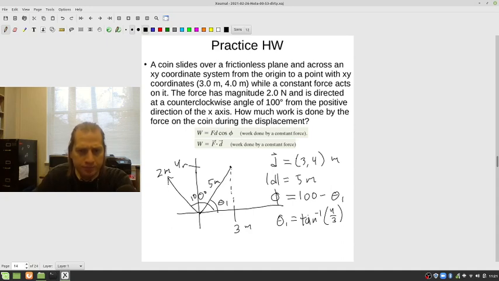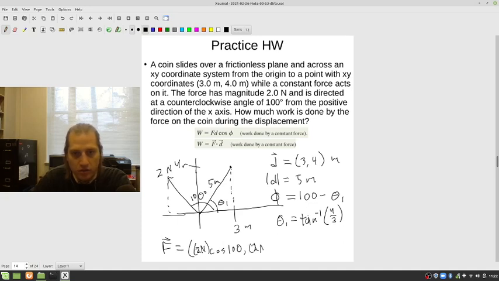Another way to do it would be to go ahead and write your f as a vector as well, and then that would be f times cosine of 100, and then, what did I put, this is 2 newtons. 2 newtons times cosine of 100, and then 2 newtons times sine of 100.